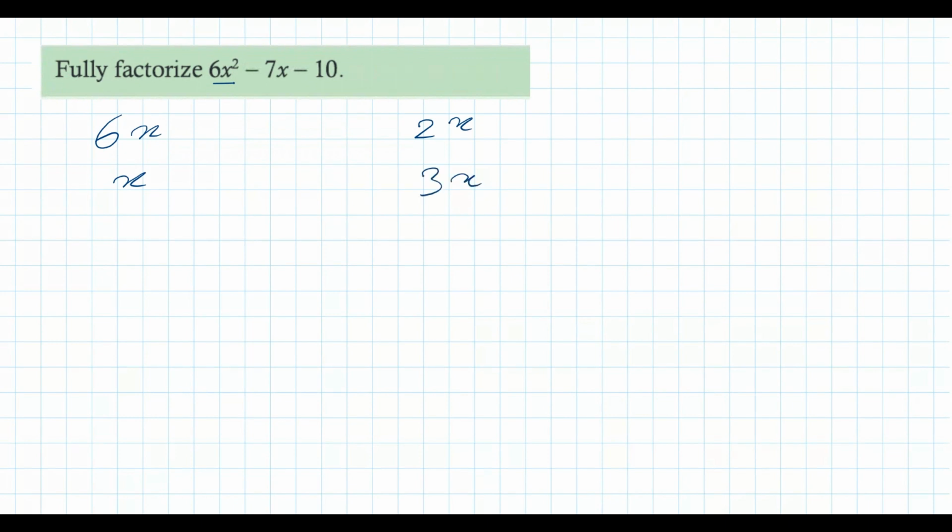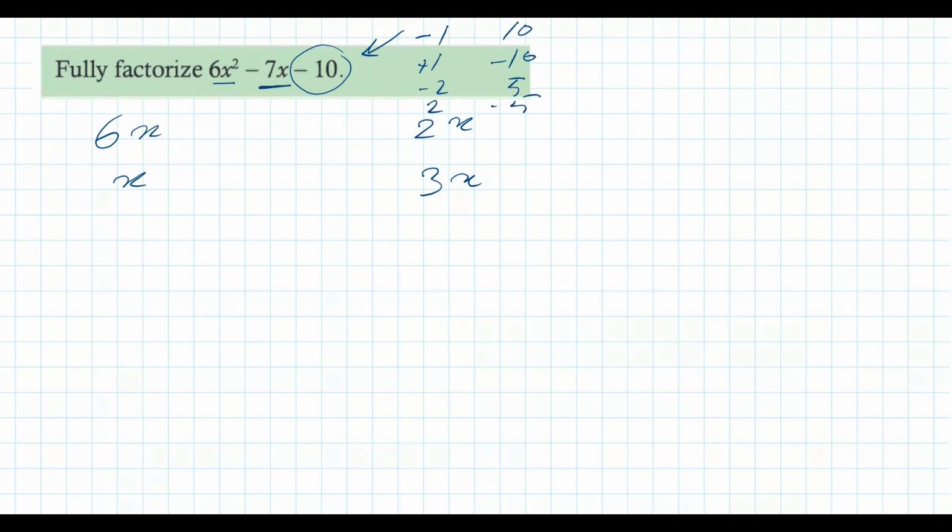Then, if we take 6x by x, we need to look for negative 10. Negative 10 could be negative 1 by 10 or 1 by negative 10, negative 2 by 5, or 2 by negative 5. It's really complicated.